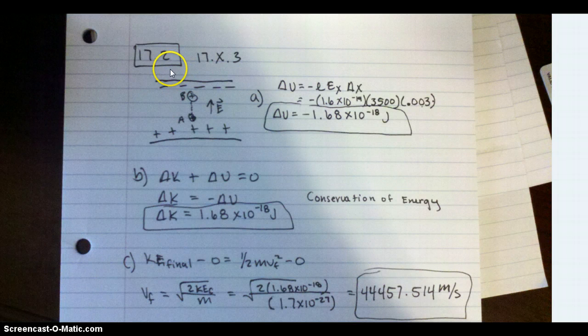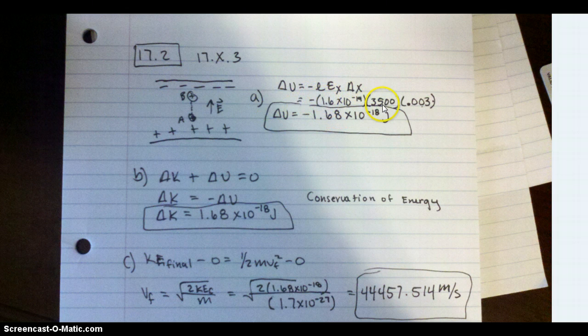So, alright, so basically 17.2, this is 17.x.3. First I was solving for change in potential energy, which equals negative e, where e is the charge of the proton, times the electric field, which, I'm sorry, it's not x, it's y, up and down, and then the change in y.